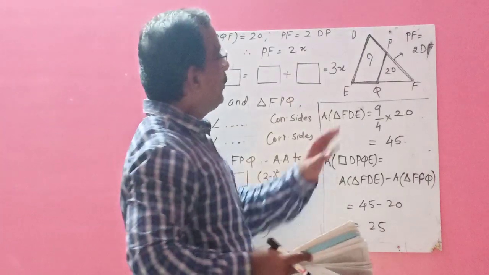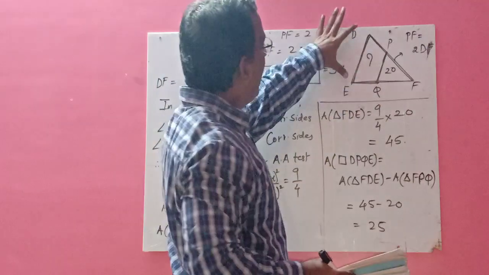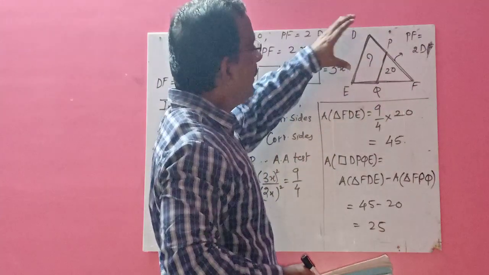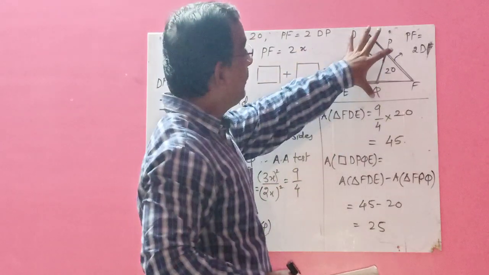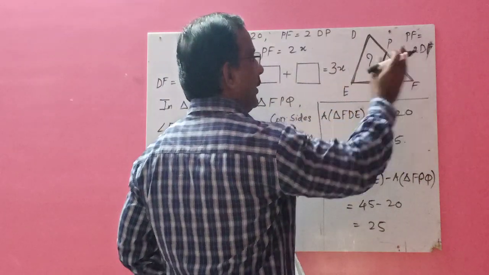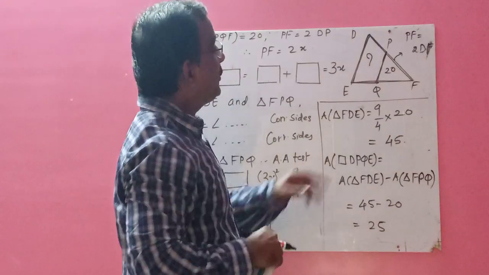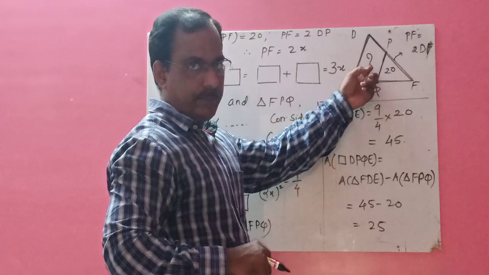So children, if you want to find the area of this, we require the area of the bigger triangle, because if you subtract the area of this triangle which is given from the area of the bigger triangle, that is, if you minus this one from this, you will get this. So our aim is to find the area of the bigger triangle.